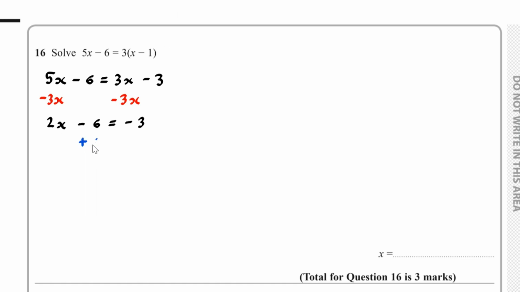And if we add 6 to both sides, you will find 2x is equal to 3. Now if we divide both sides by 2, what we'll be left with is x equals 3 over 2, which is 1.5.